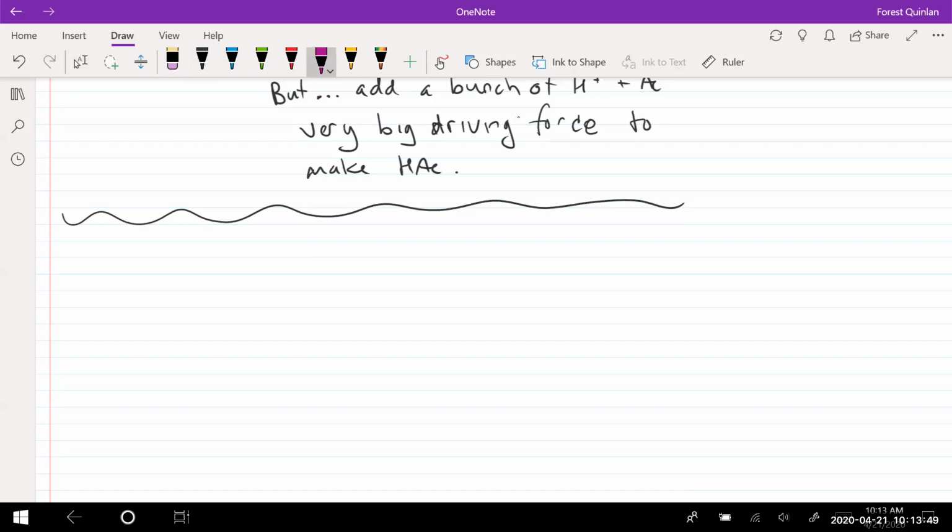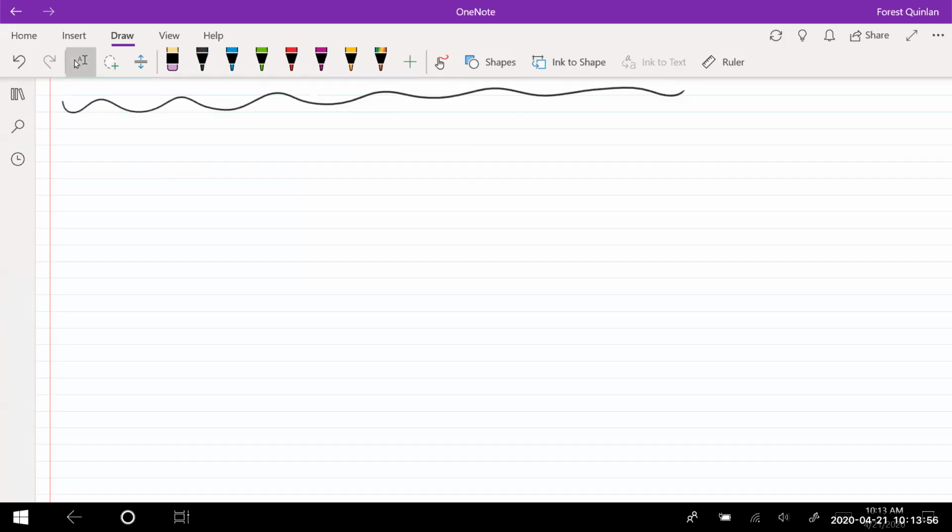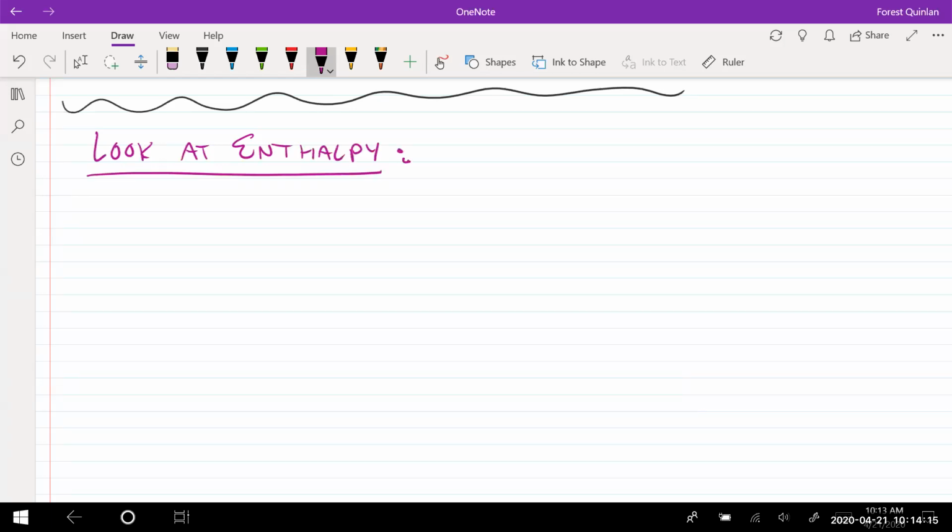So now I want to look at enthalpy. Because it really is just about the temperature or energy difference. We're going to look at that average kinetic energy both before and after.